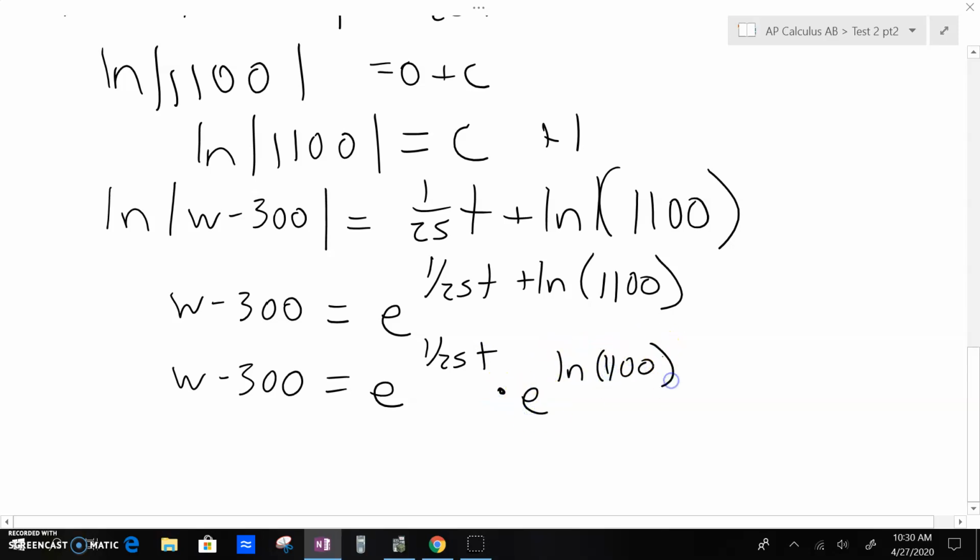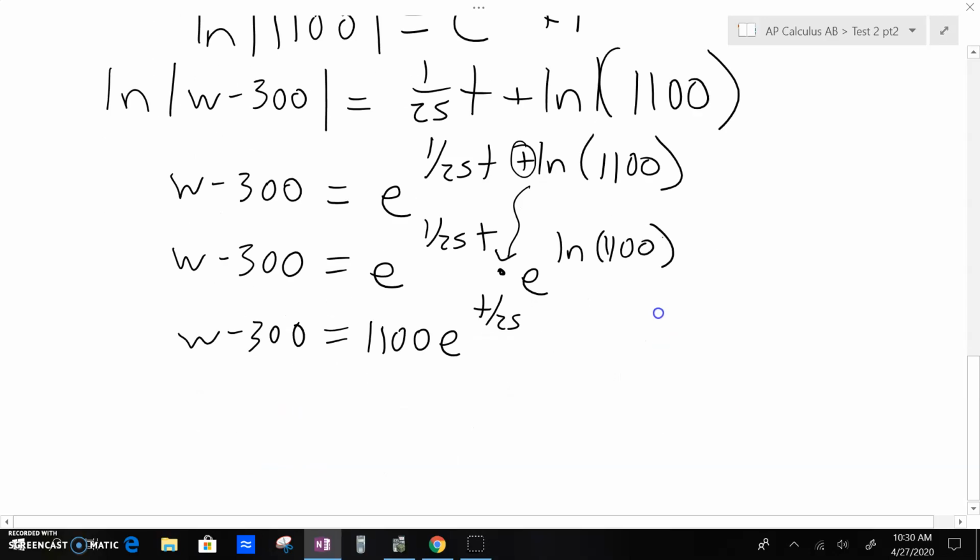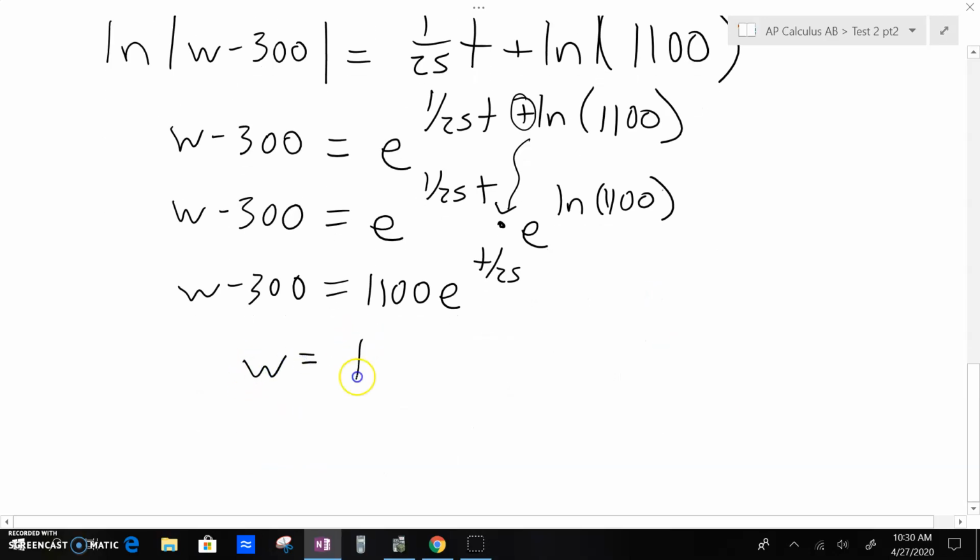So I can write that as e to the 1/25th t times e to the ln of 1100. That's what it means to add the powers: I'm multiplying the bases. So e to the ln of 1100 gives me just an 1100 multiplier out front. And I'm going to write t over 25 instead of 1/25th t. This is just a cleaner, more compact way to write your answer.